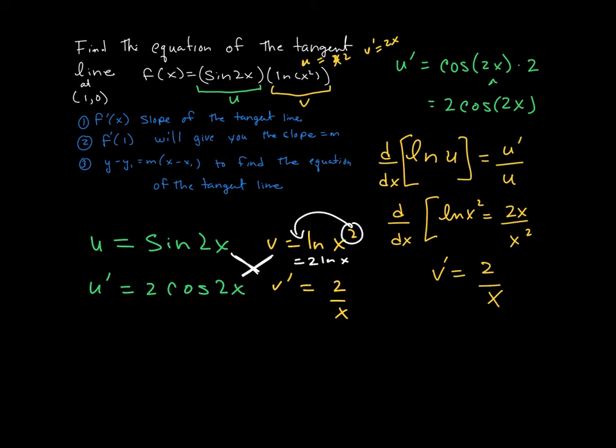But then I go through and u prime is equal to the sine of 2x. And I multiply the sine of 2x times 2x. So I'm just going to put that 2x out front.